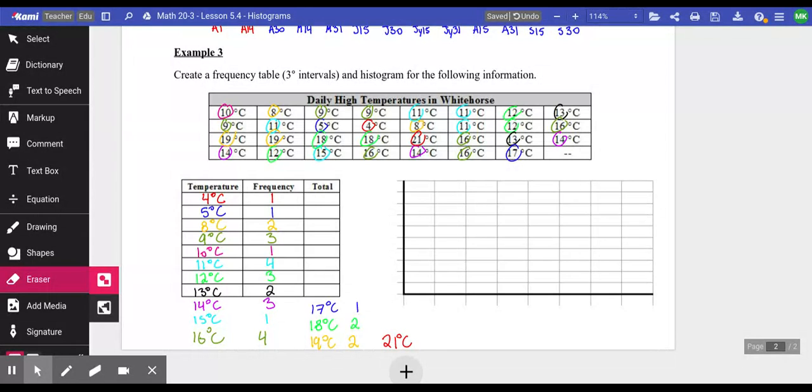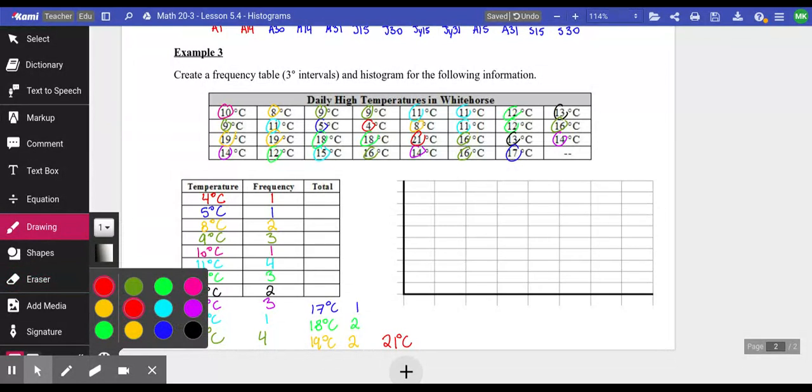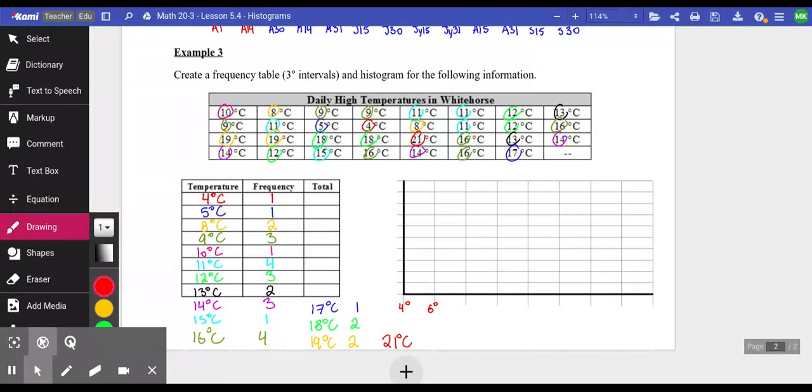So instead what you can do is you can do ranges, which allows you to then group things together, right? So instead of saying, okay, this first bar is just going to be 4 degrees, I could say this first bar will be 4 degrees to, I don't know, let's do 6 degrees. And that allows us to group things together.